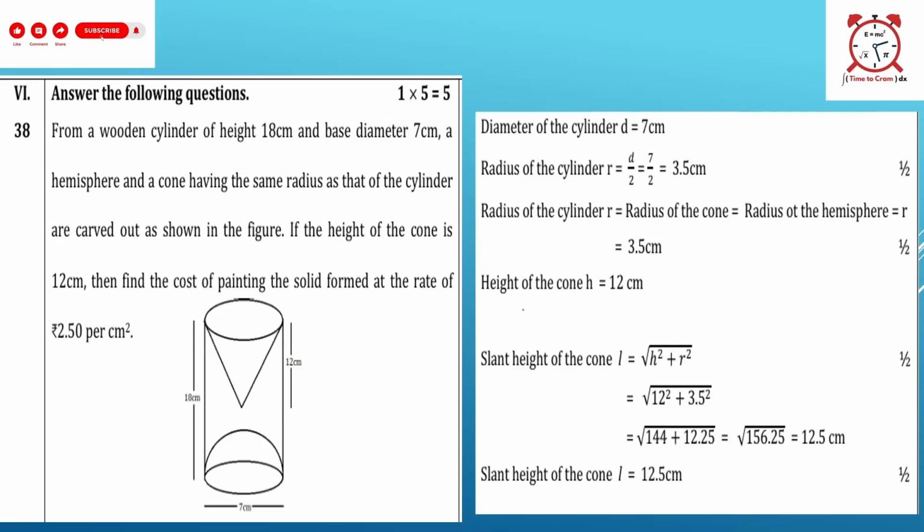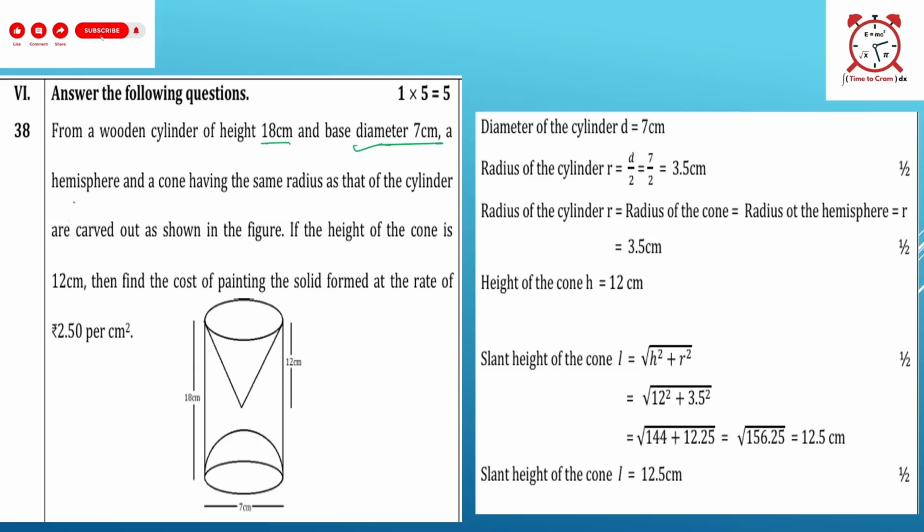So first question, from a wooden cylinder of height 18 centimeter, the height of the cylinder is 18 centimeter. It is easily clear in the figure, and its base diameter is 7 centimeter. Diameter is given, so we have to find the radius from the diameter.